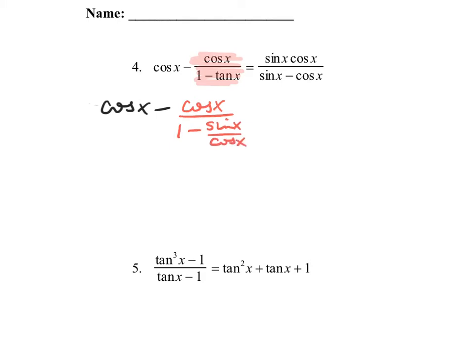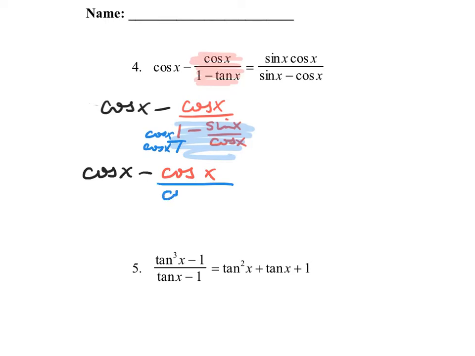I'm now going to find a common denominator of the denominator. So let me rewrite the black, leaving the red alone. And now I'm going to work with the denominator. I am going to find a common denominator, which is cosine. So this will become cosine x minus sine x over cosine x.